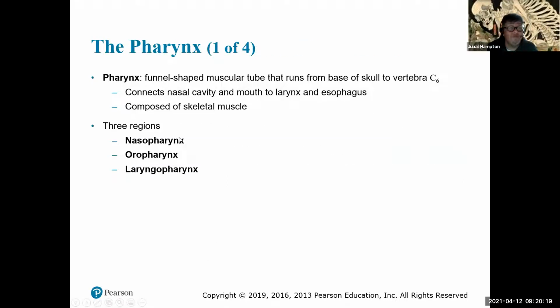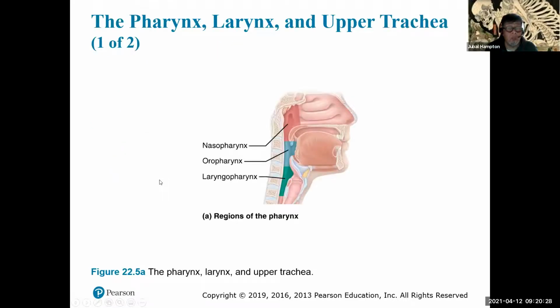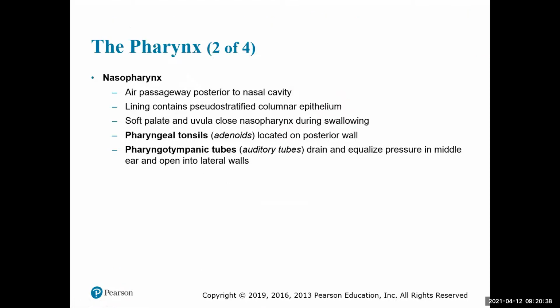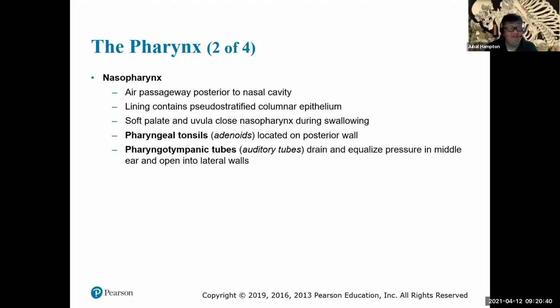So again, three regions: nasopharynx, oropharynx, and laryngopharynx. And here just shows us the areas as I've given them to you. All right, and this mentions the pharyngeal tonsils, the adenoids, here in the nasopharynx.